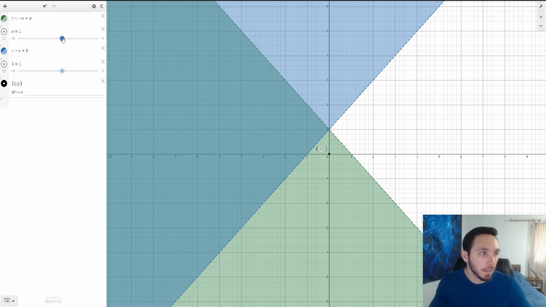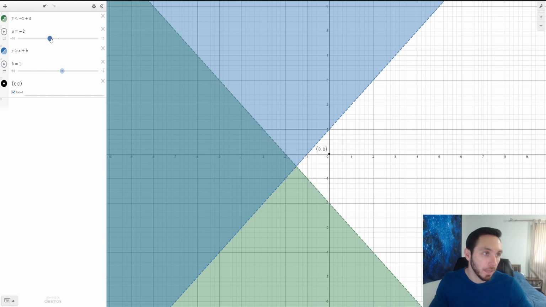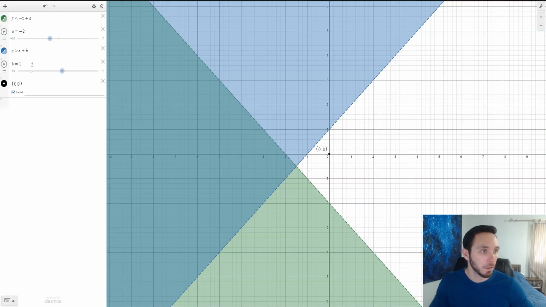Let's make A smaller than B. All right, so when A is -2 and B is 1, definitely not a solution. So when A is smaller than B, that's no good. Canceling out choice B here. All right, what about when we have some absolute values? I actually think we can cancel out C as well.